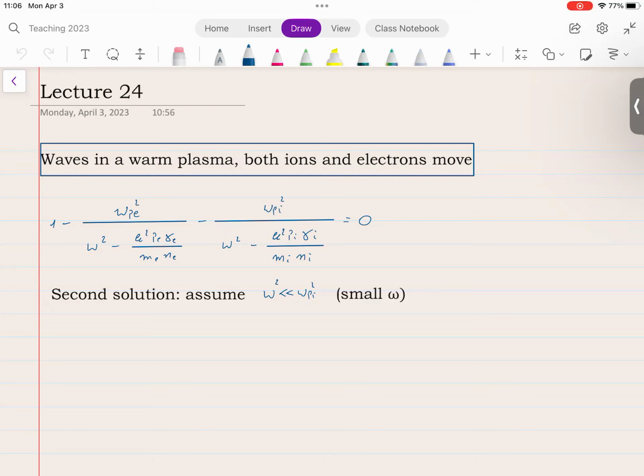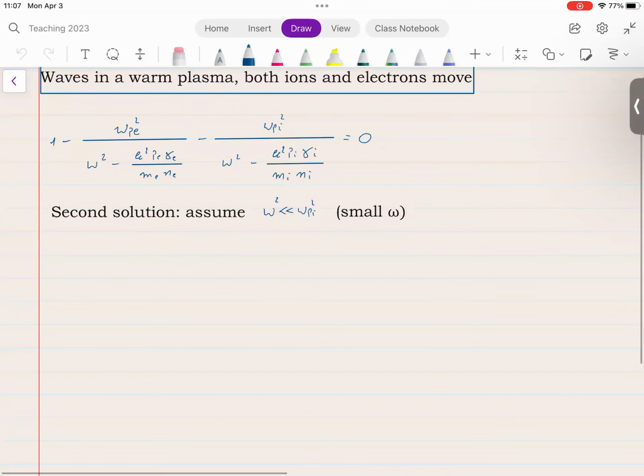Actually, there is a bit of a shortcut that you can take, but it may be worth doing a little bit of work here. Okay.